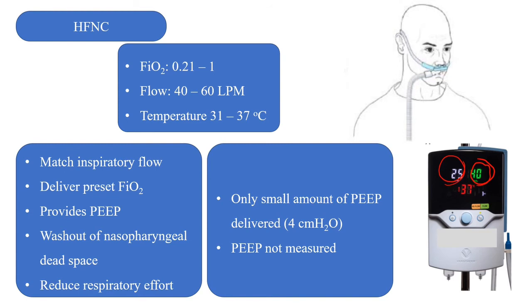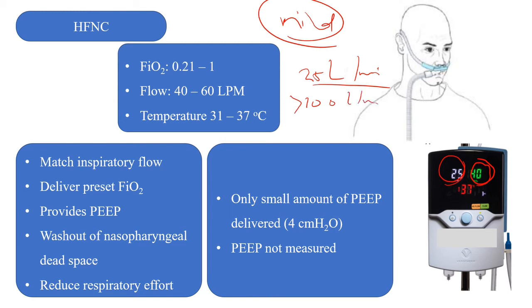The concept behind the high flow nasal cannula is that it is used only in mild ARDS, where patients will have a high respiratory drive and a high respiratory flow. The normal subject has an inspiratory flow of about 25 liters per minute, but it might increase during exercise to more than 100 liters per minute.